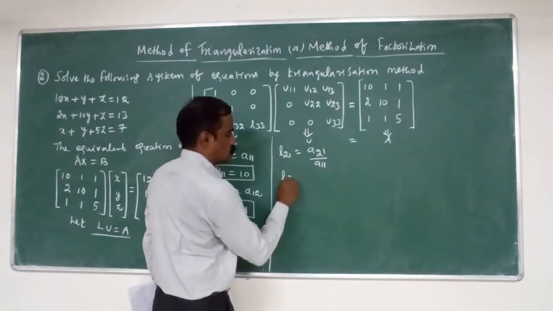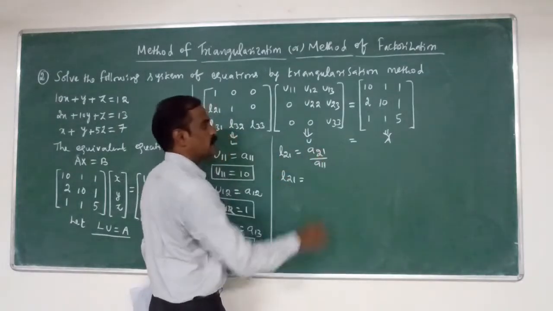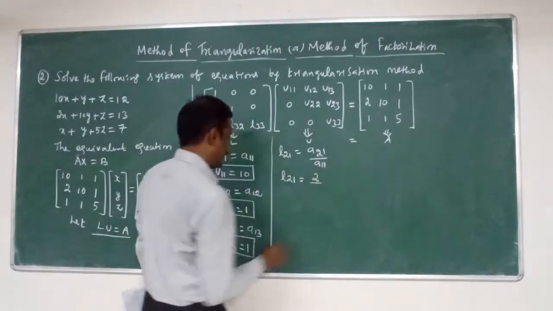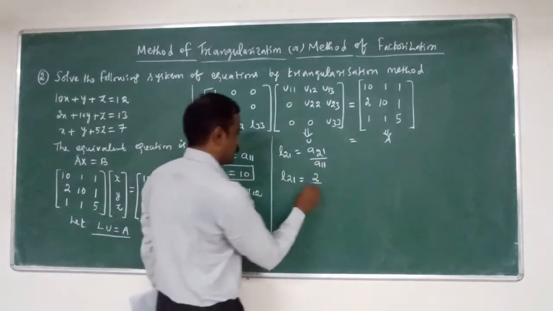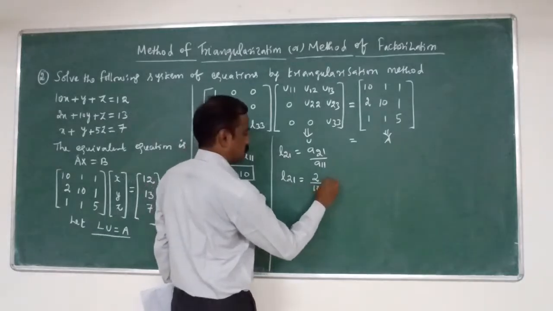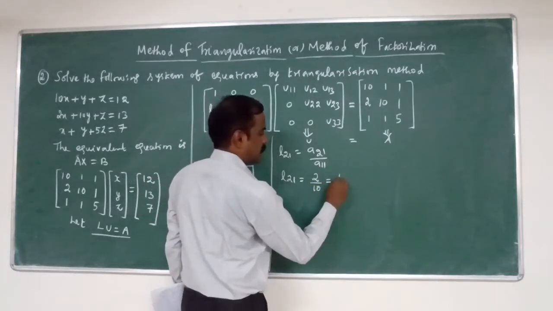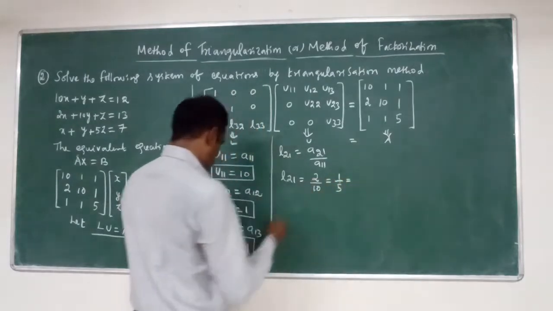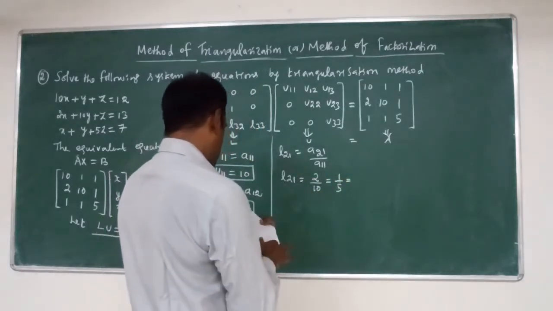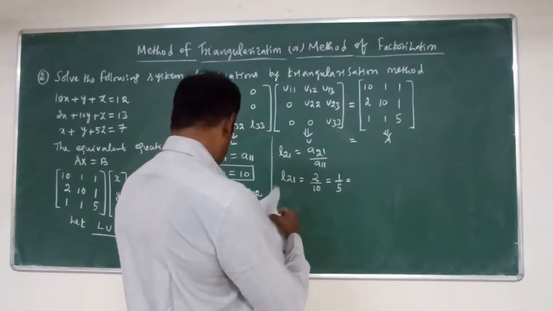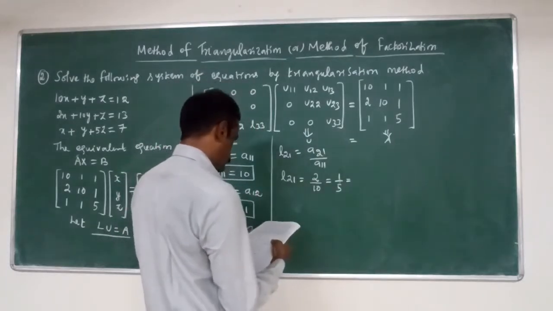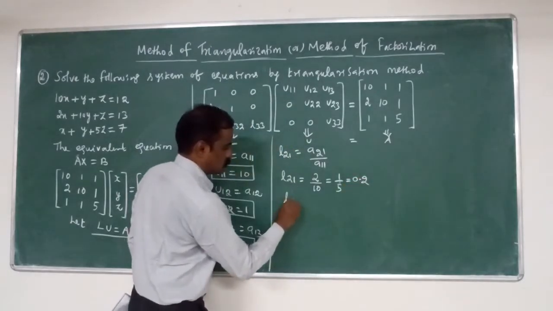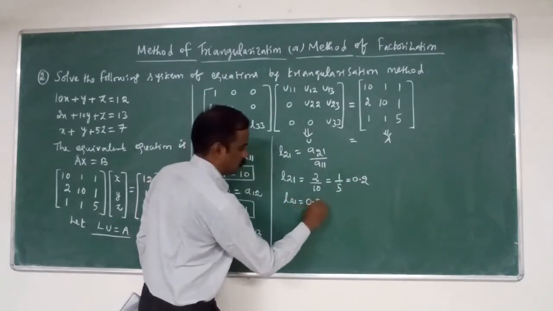Here L21 equal to A21 value 2 divided by A11 value 10. Here 2 divided by 10 equal to 1 divided by 5. Now we can divide this one, we can get the result 0.2, that is L21 equal to 0.2.